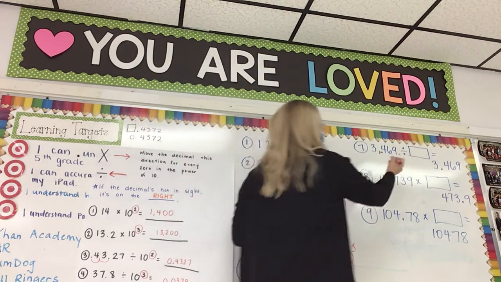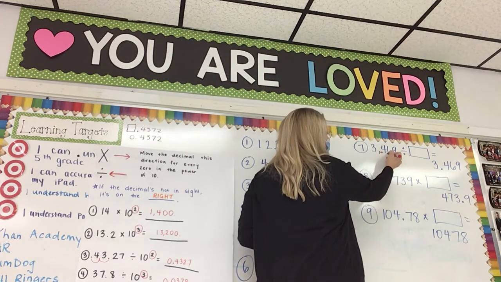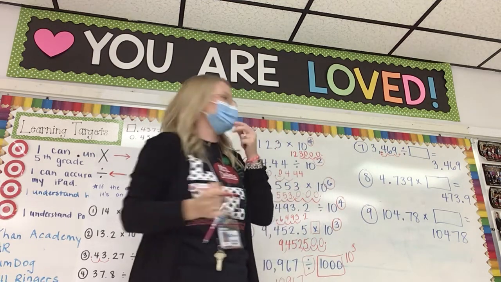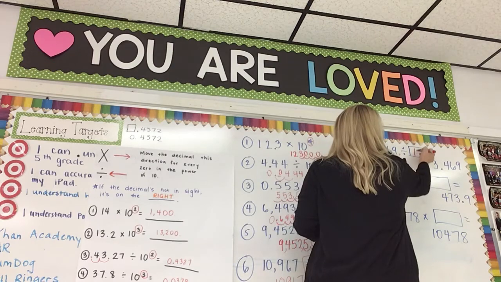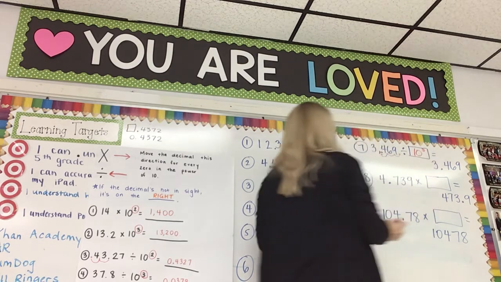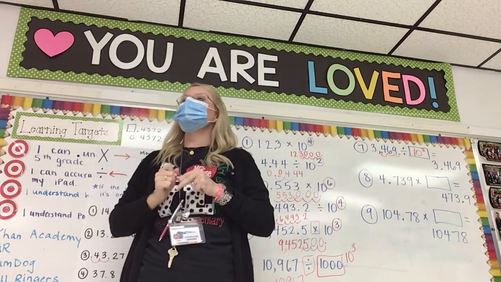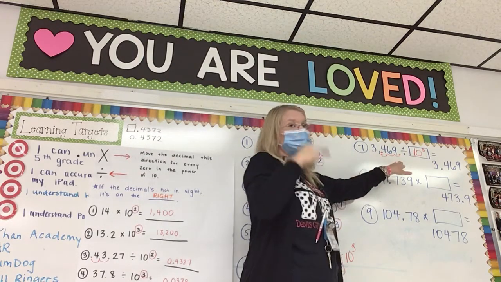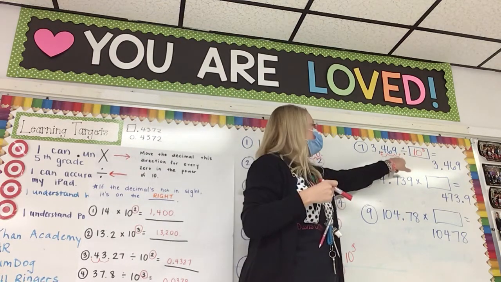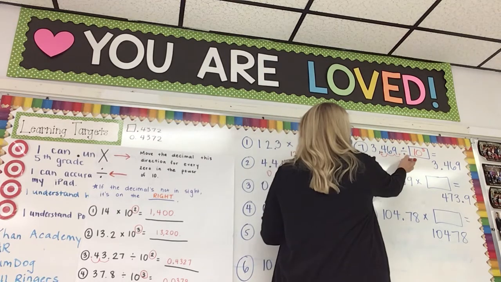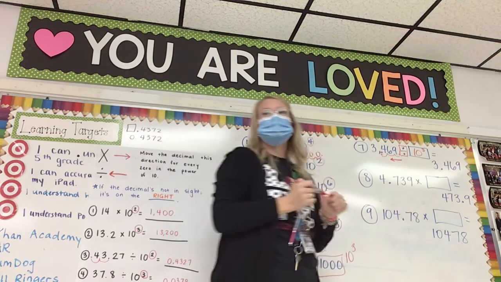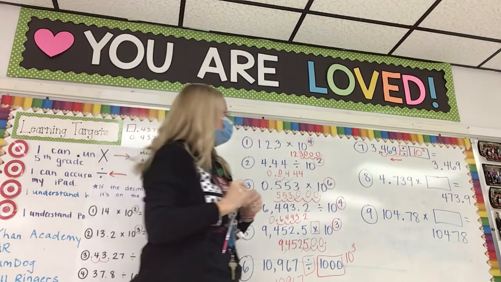Let's count. 1, 2, how many times? 3 times. So my answer is 10 to the third power. We don't even really have to pay attention to which direction it moved. We can figure that out because we saw that it moved to the left, so we know that it's divided by. But our problem already tells us that it divided by.